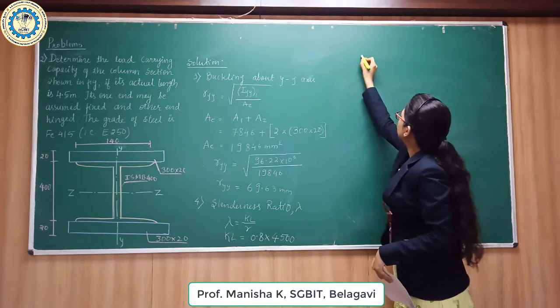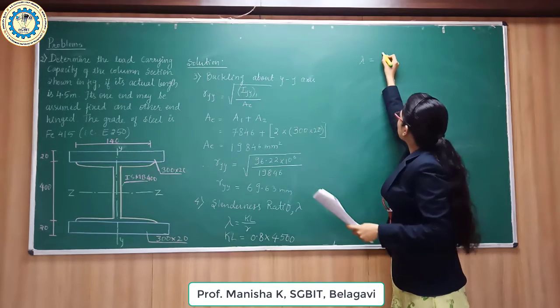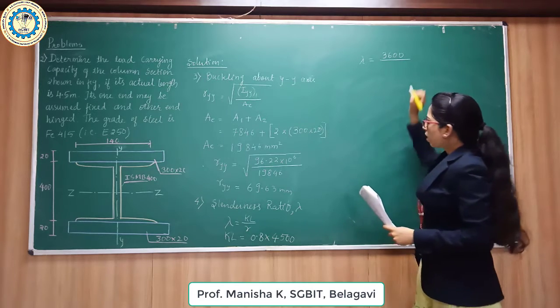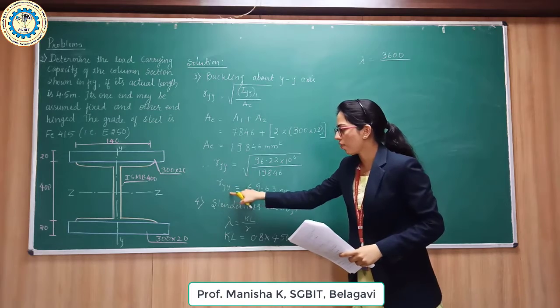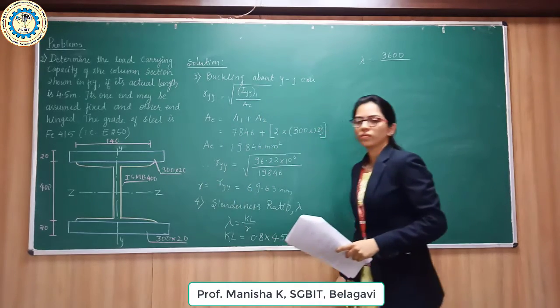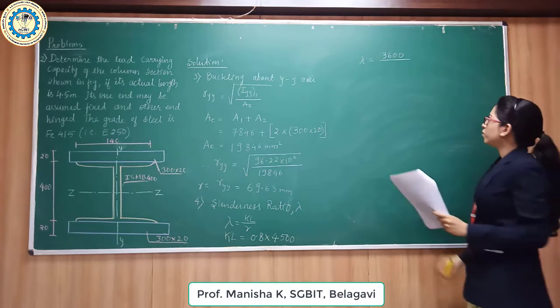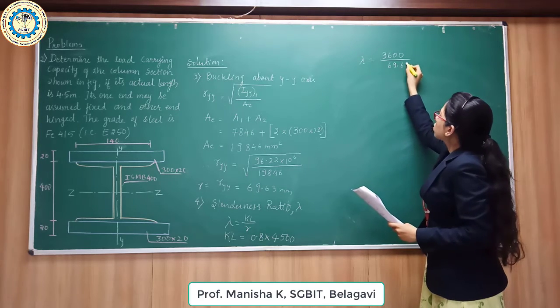And calculate the value of KL. That is nothing but, after calculating, you will get it as 3,600, and R means this RYY, that is nothing but your minimum radius of gyration, 69.63.